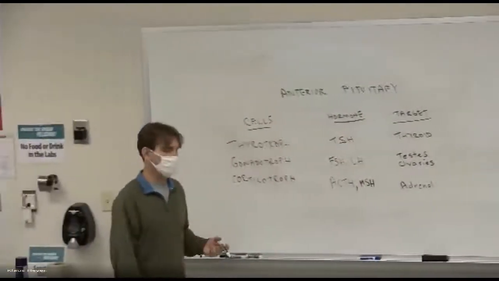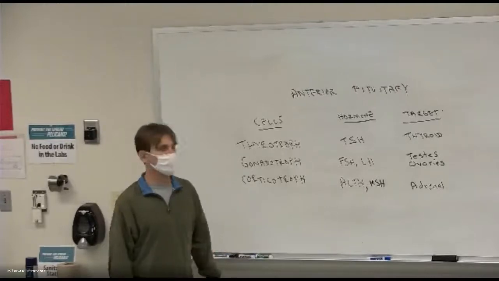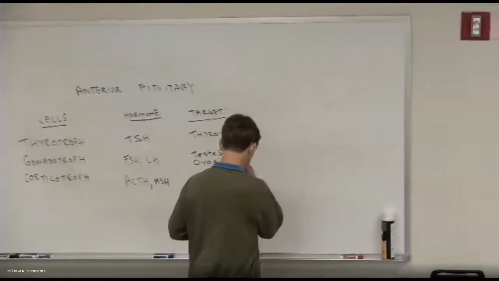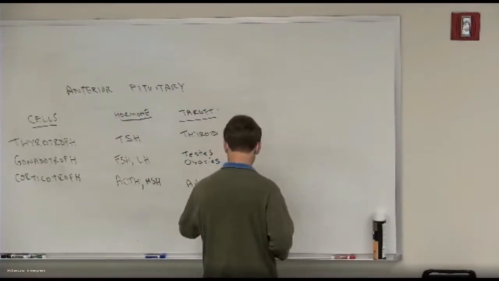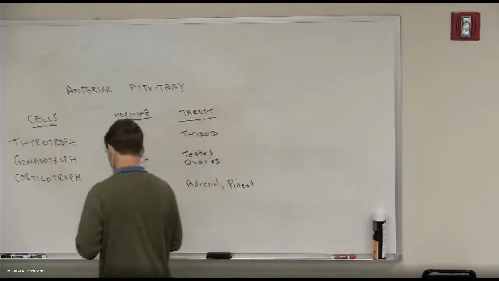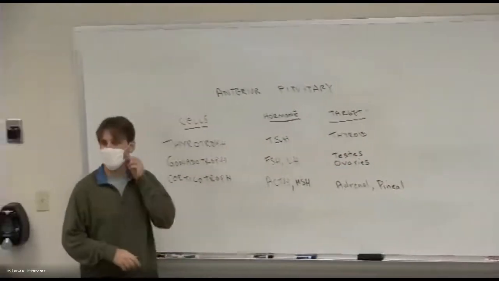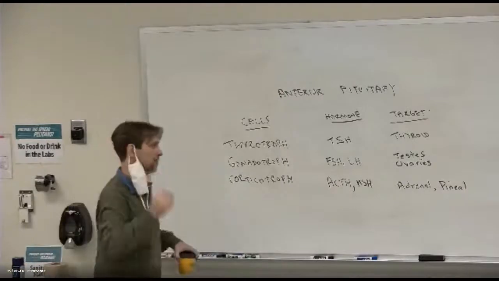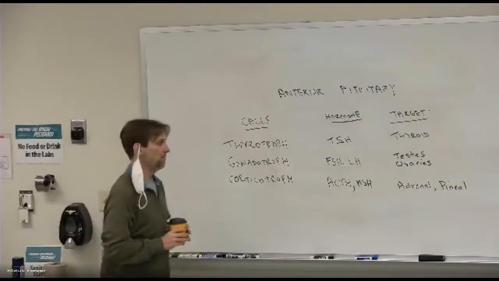Melanocyte stimulating hormone. That goes to a gland in your brain called the pineal gland. We don't know a lot about it. I'm probably not going to ask you a lot of questions about the pineal gland.